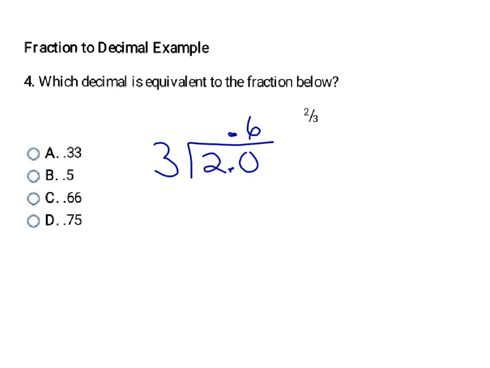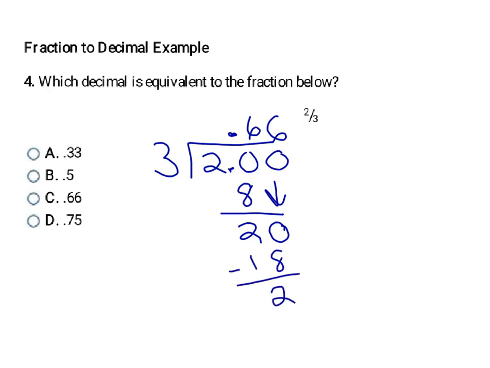So I put the 6 above the 0 in the 20, the last digit. 6 times 3 is 18. And I subtract those numbers, and I'm left with 2. I still have a remainder, so I'm going to add another 0 and bring that down. And that gives me 20. 3 divided into 20 happens 6 times again. 6 times 3 is 18, and I subtract that, and I'm left with 2 again.